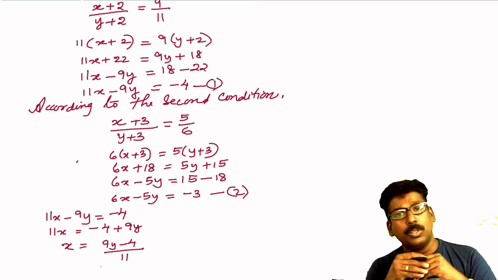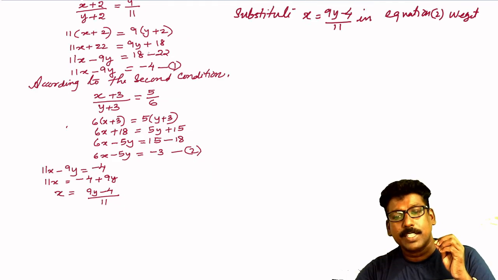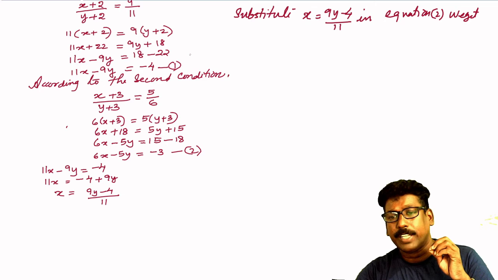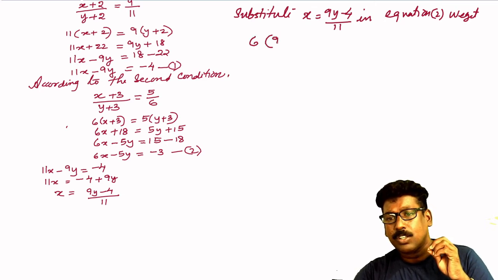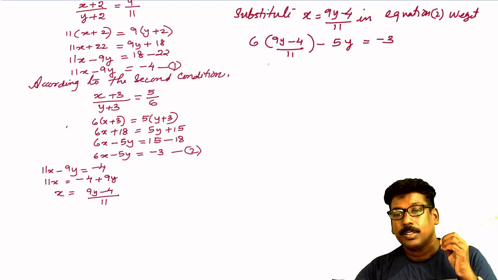Substitute this value of x in equation 2. The second equation is 6x minus 5y is equal to negative 3. So you can write it as 6 into, instead of x, you can write 9y minus 4 by 11, then minus 5y is equal to negative 3.